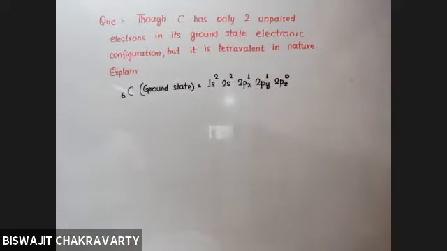How many unpaired electrons do you find in the ground state of carbon? Tell me. 2. So accordingly, it should be divalent. Its valency should be 2, because in general, valency is determined by the number of unpaired electrons present. But in reality, what is the valency of carbon being found?